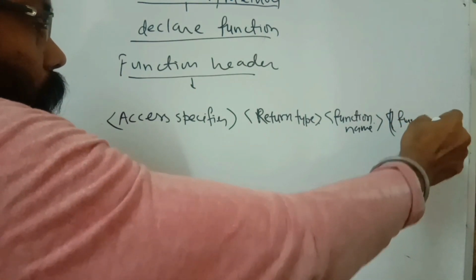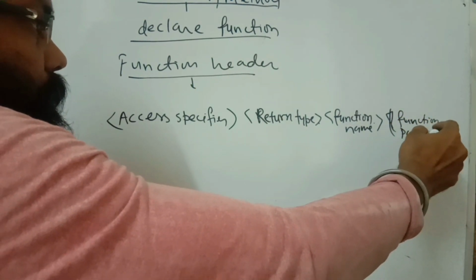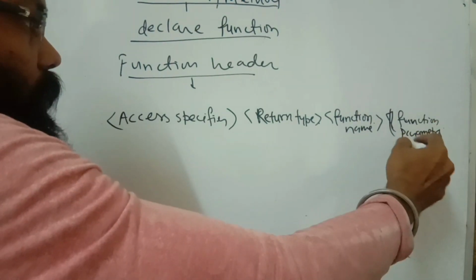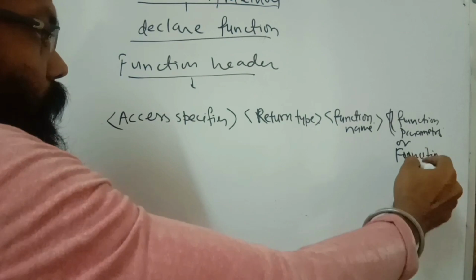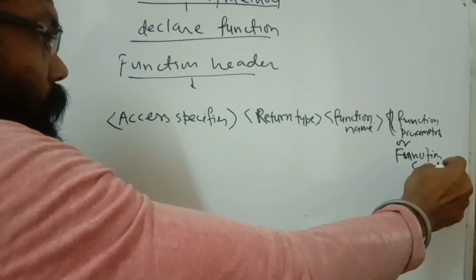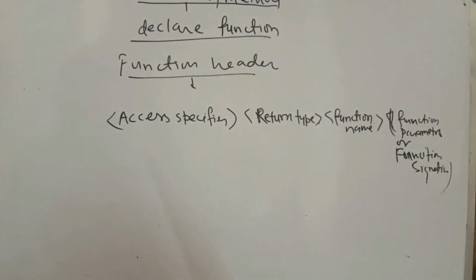Function parameter or function signature means if the function names are the same, then the functions are differentiated by the function signature or function parameter.